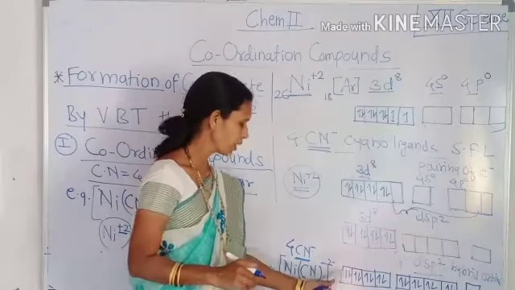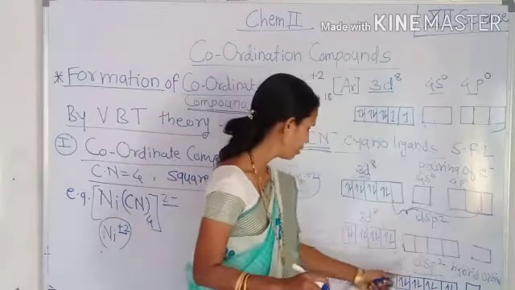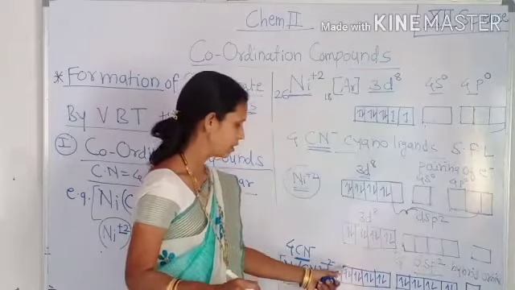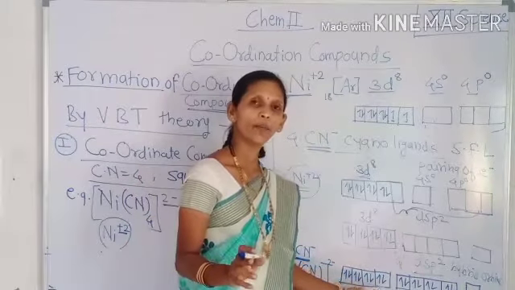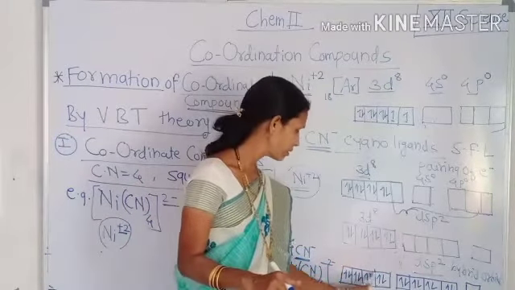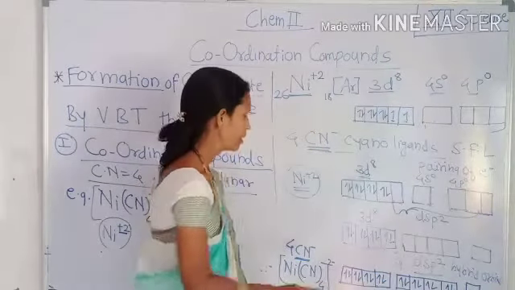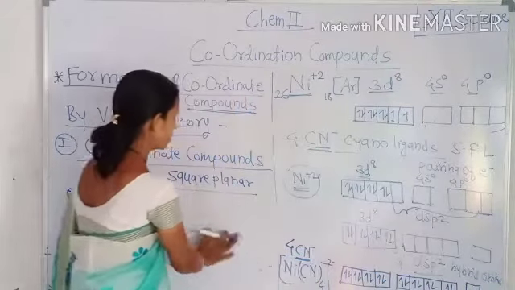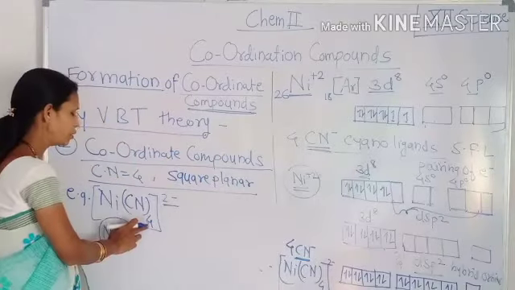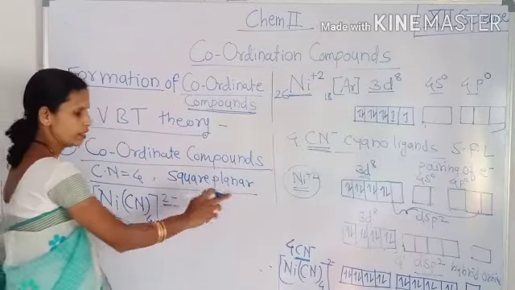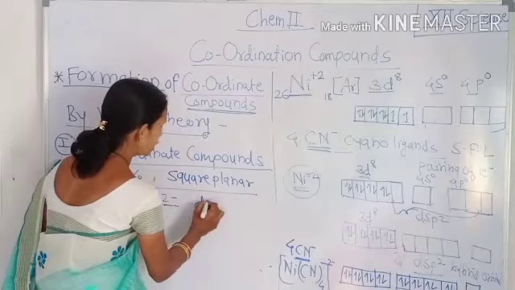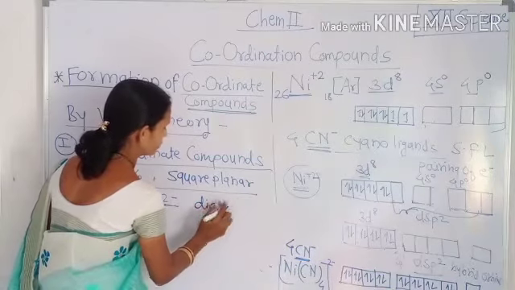See here, in the valence orbitals of this complex, all the electrons are paired. Therefore, this [Ni(CN)4]2- complex is diamagnetic in nature.